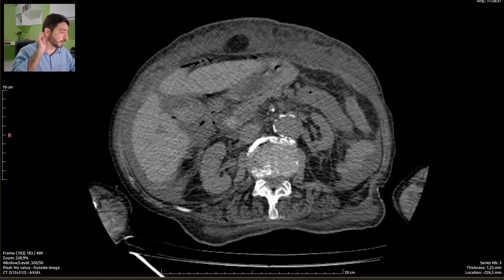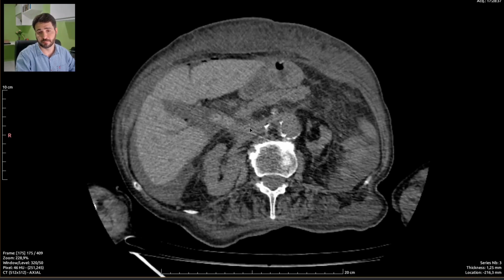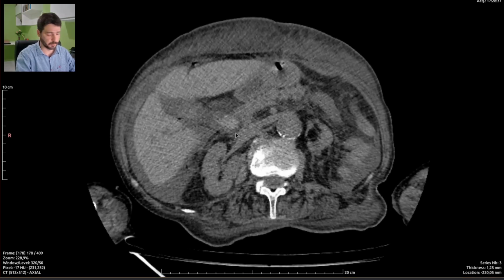Now I'm going to say the gallbladder is sick, it's altered, has stones in it. Let's measure this approximate size of the biliary tree, extrahepatic biliary tree, about 1.7 centimeters.